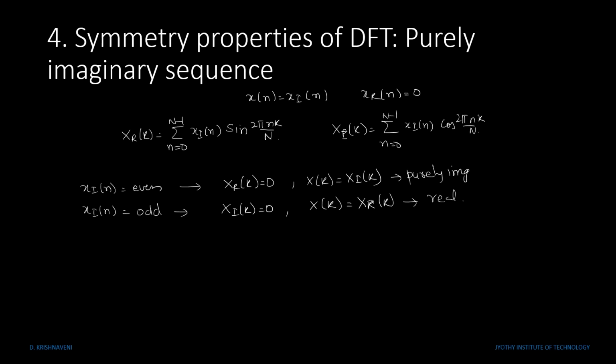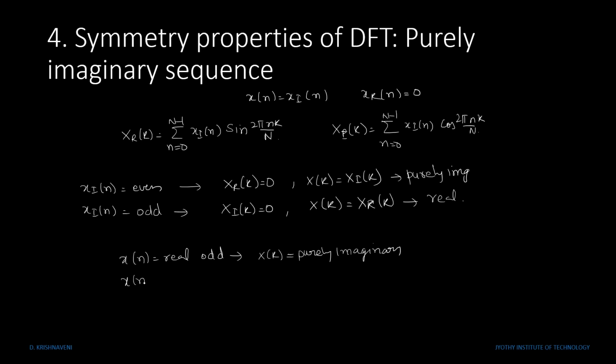Similarly, when x of n was a real and odd sequence, we had got x of k as purely imaginary. That means xr of k was 0 and xi of k existed, so it was purely imaginary.